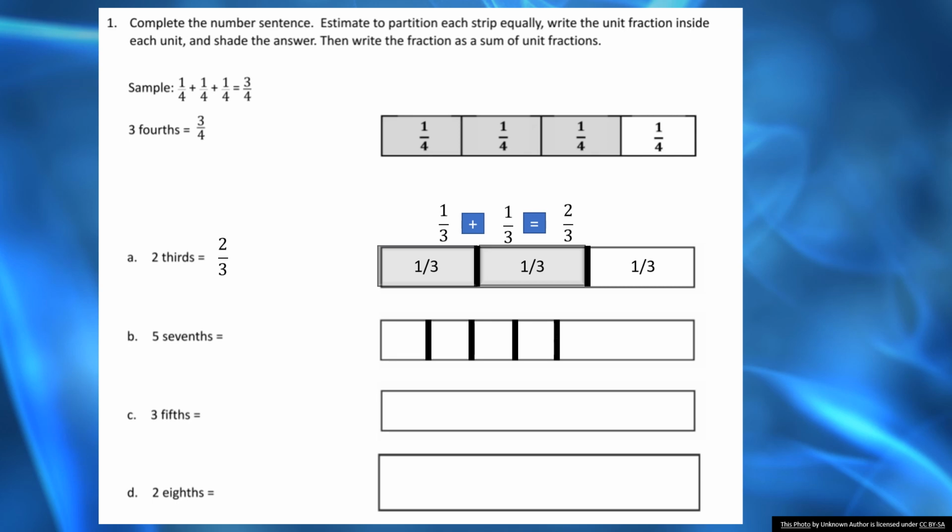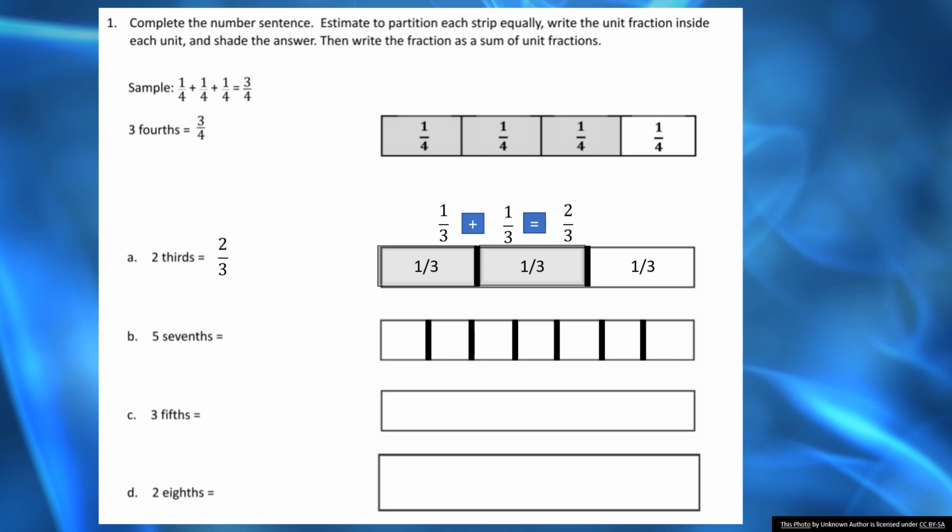Let's see, 4 lines, 5 lines, 6 lines. So 6 lines should give us 7 sections. Okay, try to make them as even as possible so that each section is about the same size.